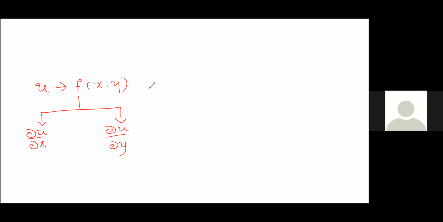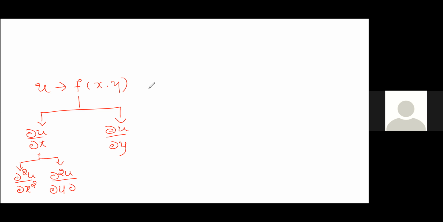So in case you are differentiating this one again with respect to x, what you will get? Dou square u by dou x square. Now if you differentiate dou u by dou x with respect to y, what you will get? Dou square u by dou y dou x.